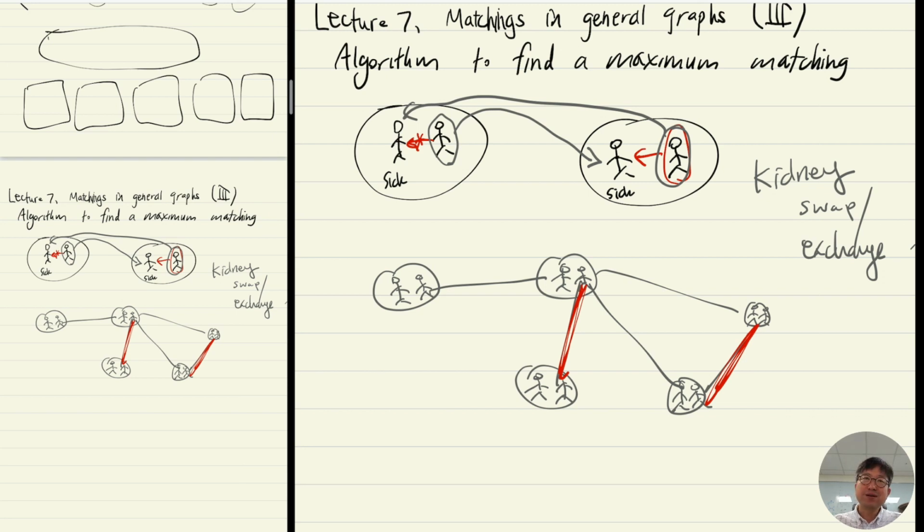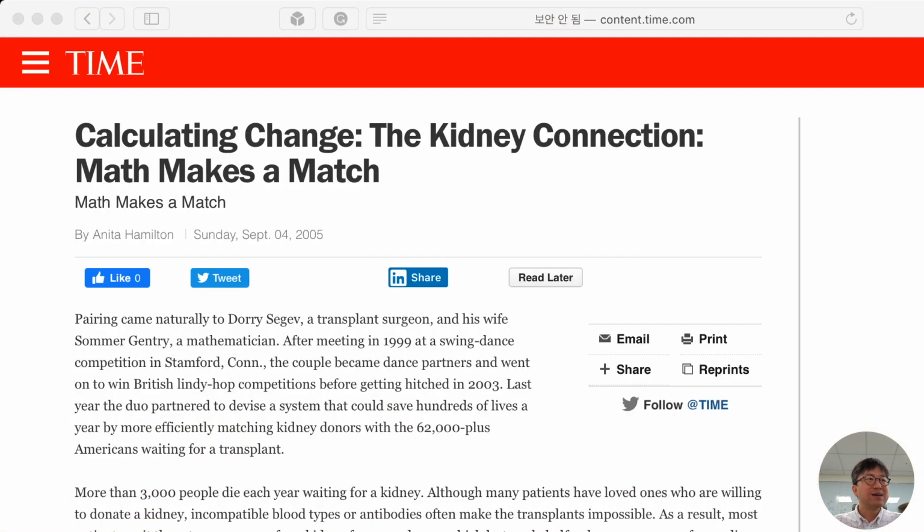And this was not observed until 2004, right? So there was an interesting article published in Time magazine in 2005 about the story of how this scheme was discovered. And if you Google their names or kidney exchange and graph matching, you can read the interesting articles. Basically, this husband, at that time they were not married.